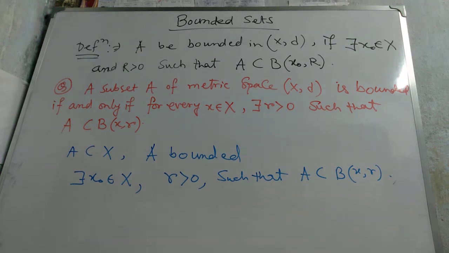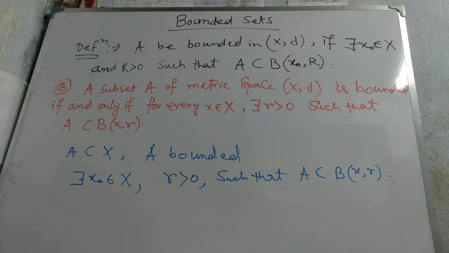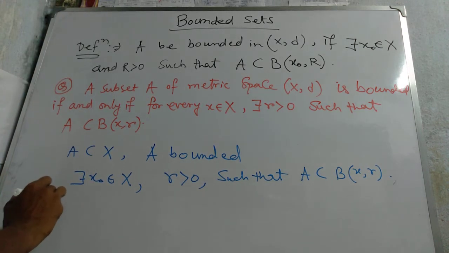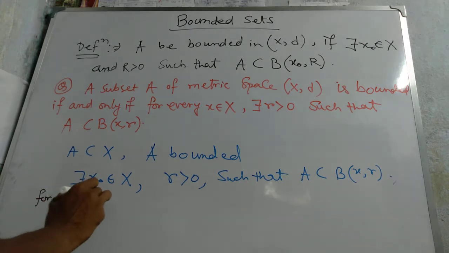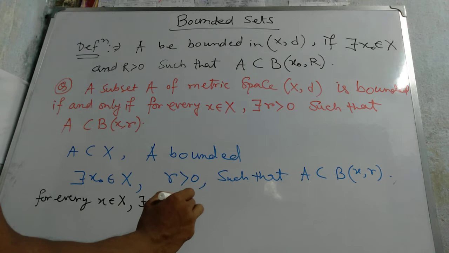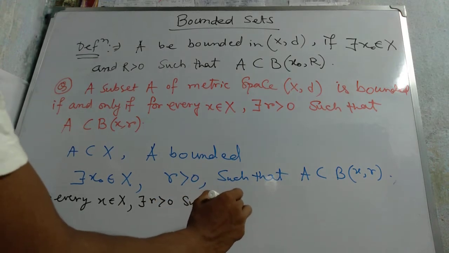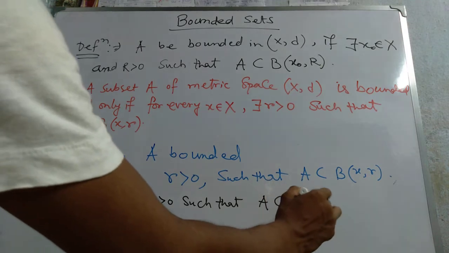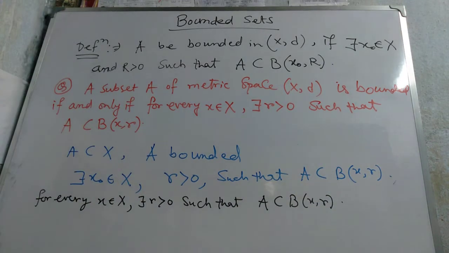Then we start again. For every x belongs to X there exists r greater than 0 such that A is a subset of B(x, r). Okay, this one is given. Now we have to prove A is bounded.